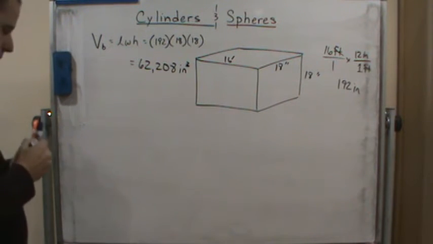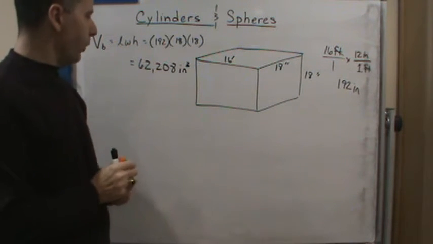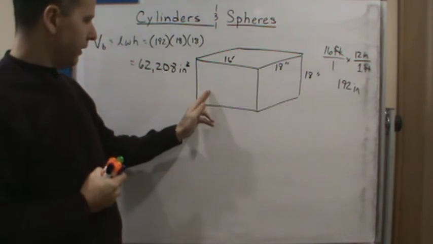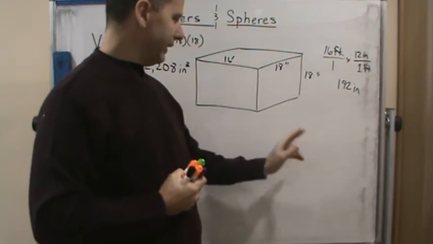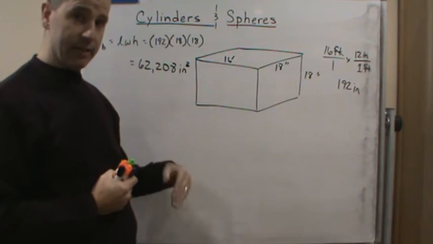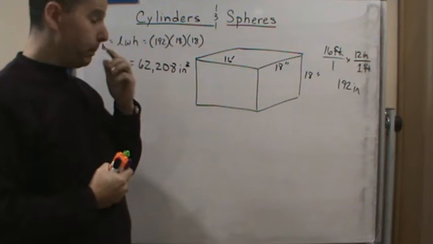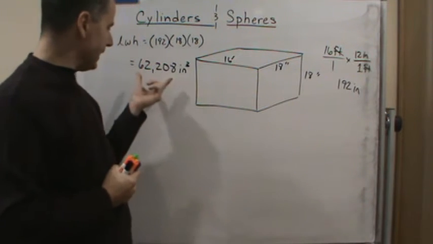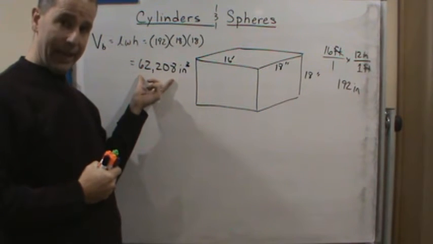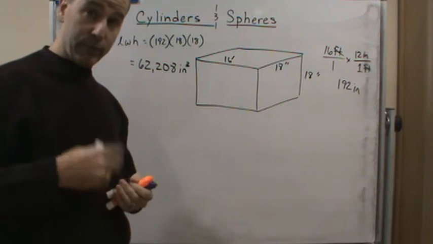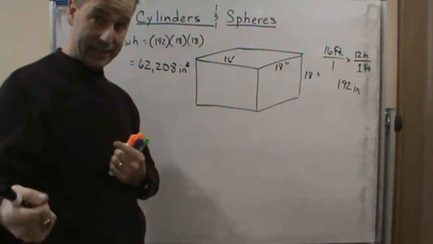Now, the next step is we know that the process from going from the block to the wire is 96% efficient, meaning that only 96% of this volume ends up in the wire, which means we need the volume of the wire to go to the next step.